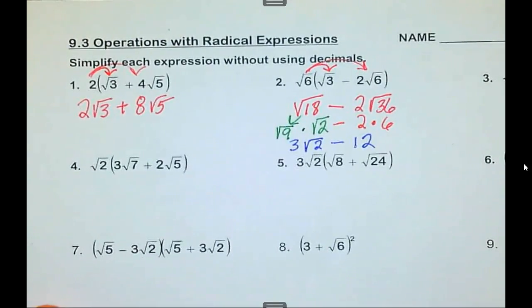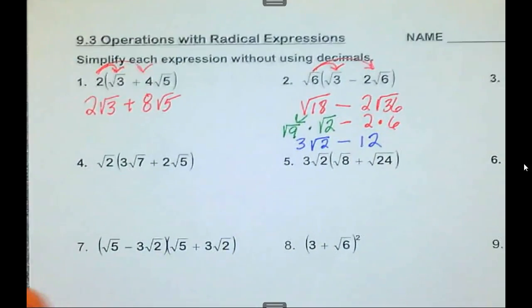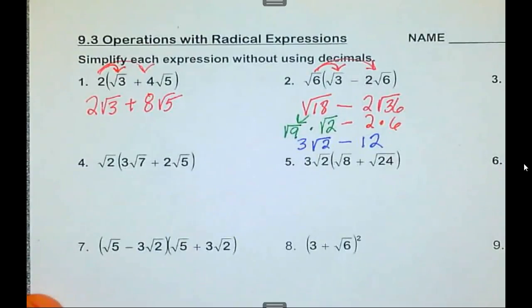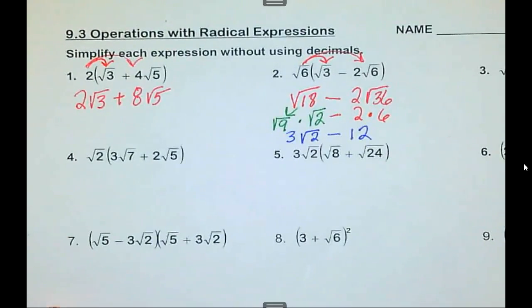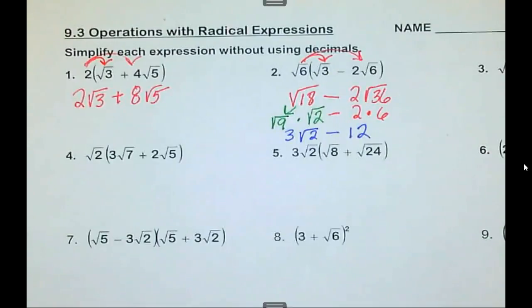And that's about as far as I can go. Unless you guys got any ideas. Okay? Questions, comments, concerns?